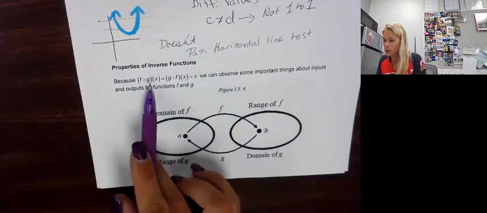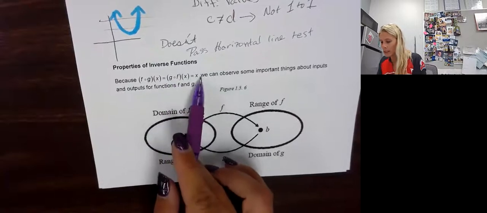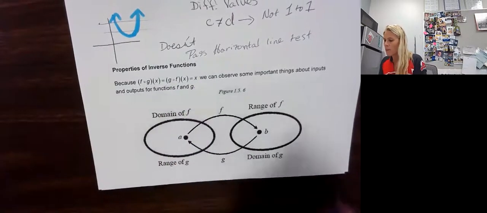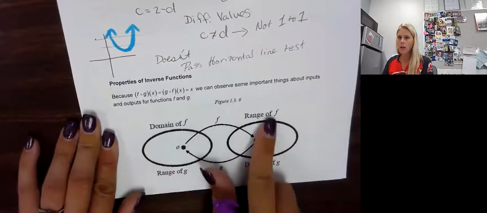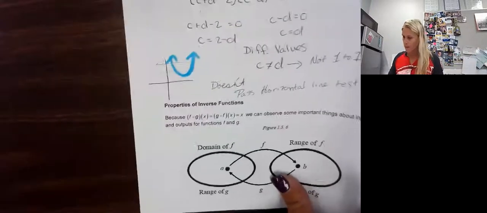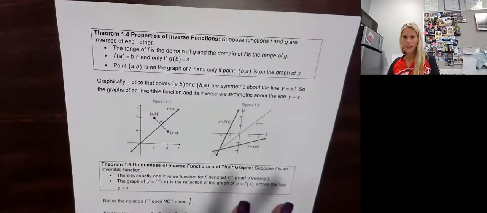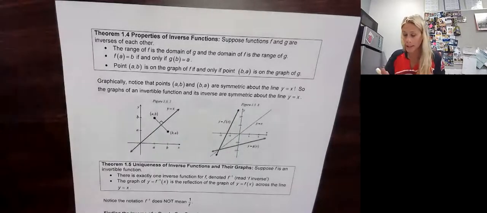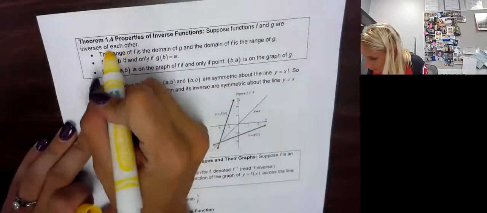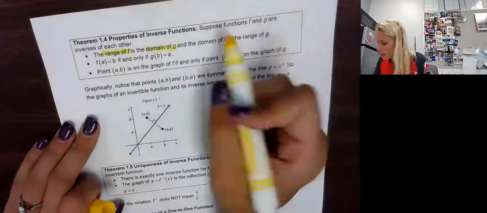Because f composed with g of x equals g composed with f equals x, we can observe some important things about the inputs and outputs, how it goes in and out. So some of the things we can think of here: the range of f is the domain of g, and that goes the other way around too.